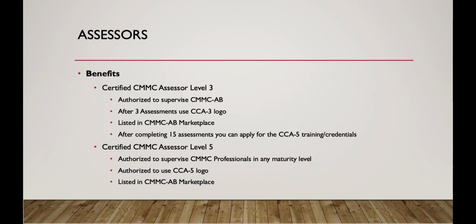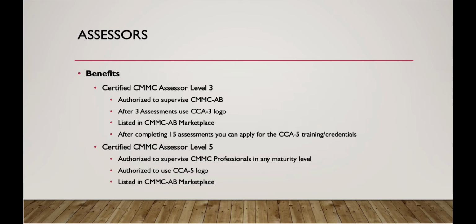Now, as you become a CMMC assessor level 3, after 3 more assessments, you can use the CCA 3 logo. So you go with CCP, you have 3 assessments, you can use their logo. You become a level 3 assessor, then after 3 assessments, you can use their logo. And again, that kind of stair-step approach goes up.